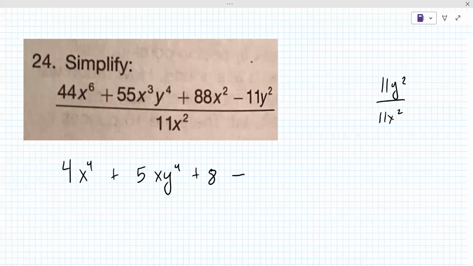What cancels in this case? The 11. The 11, but you still have y squared over x squared.